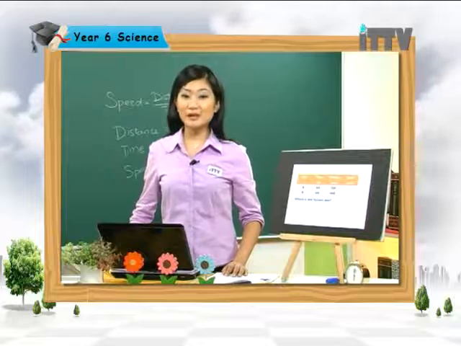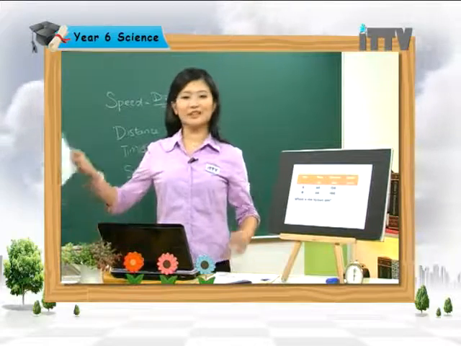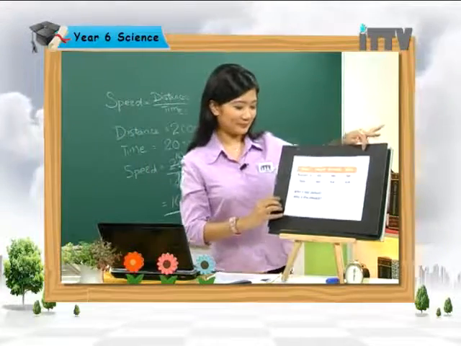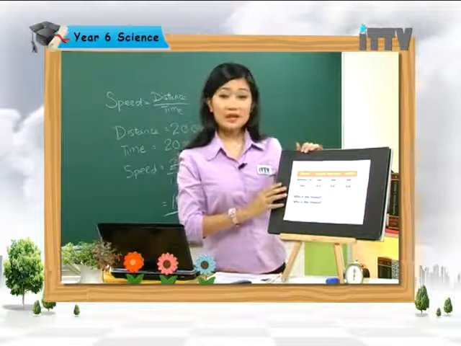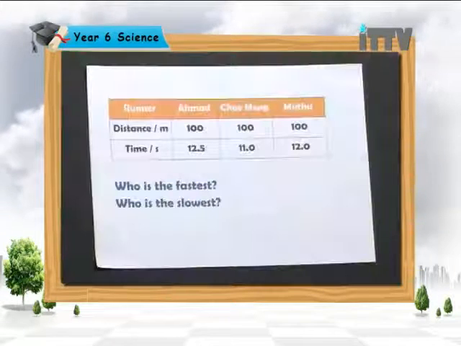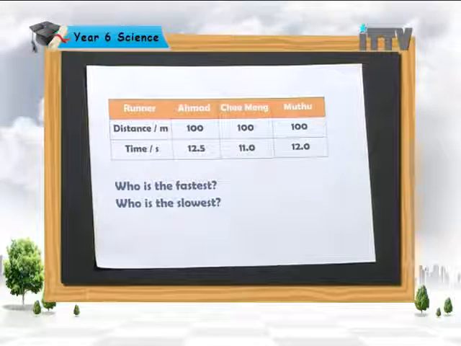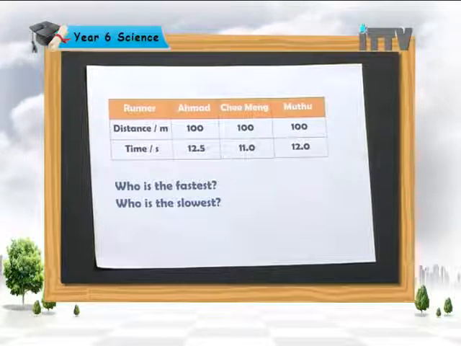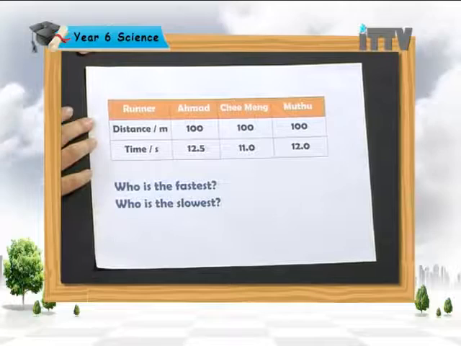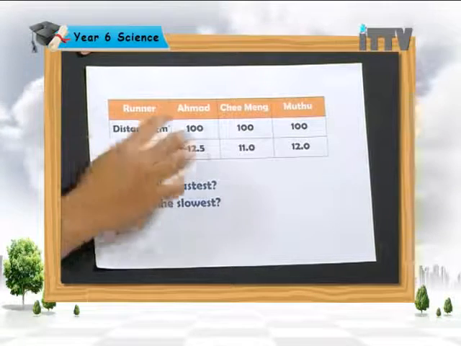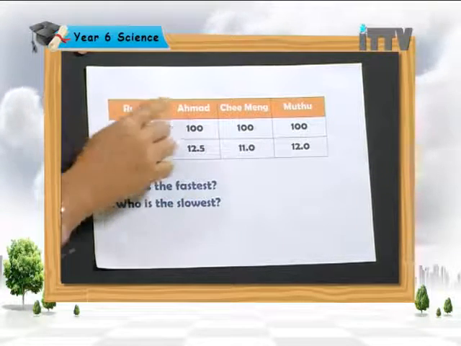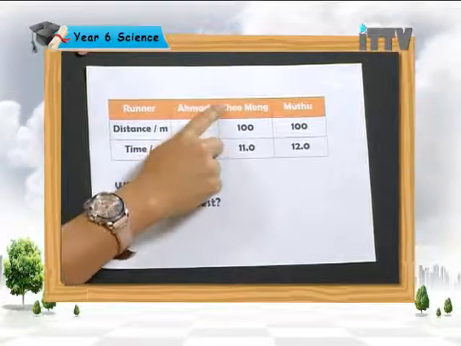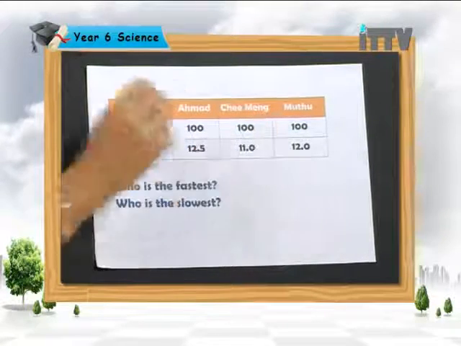Let's do the next question together, children. Here is your question. Let's have a close look at this table. Rana, Ahmad, Chiming, and Mutu. There are 3 runners. They run the same distance of 100 meters. Can you see? Ahmad runs 100 meters, Chiming runs 100 meters, and Mutu also runs 100 meters.